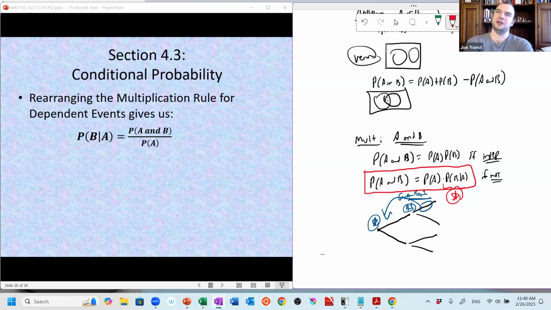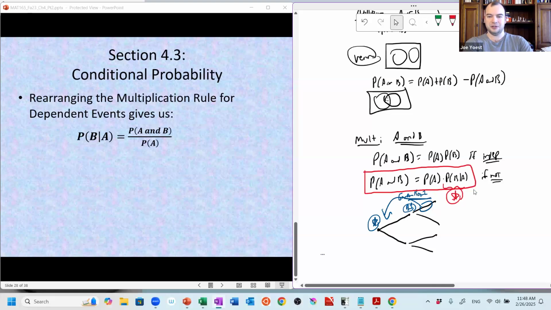If probability of A is 0, A cannot occur, and then it's a little silly to ask, what about the event B, given that A has occurred? A can't occur, so it's a bit silly to ask anything about B. So if we presume probability of A is non-zero, so that this conditional probability is a sensible question to ask, we can divide through by it. Probability of B given A is probability of A and B over probability of A.